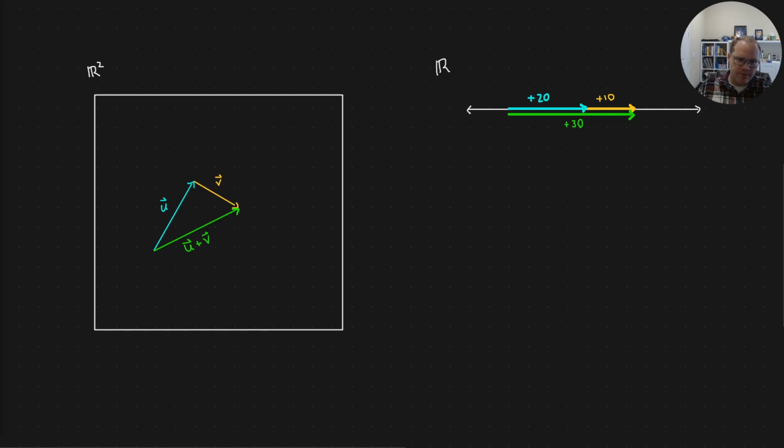What about subtraction? Let's approach this the same way. Let's first think about how subtraction works in the single variable setting and then apply it to the multivariable setting.